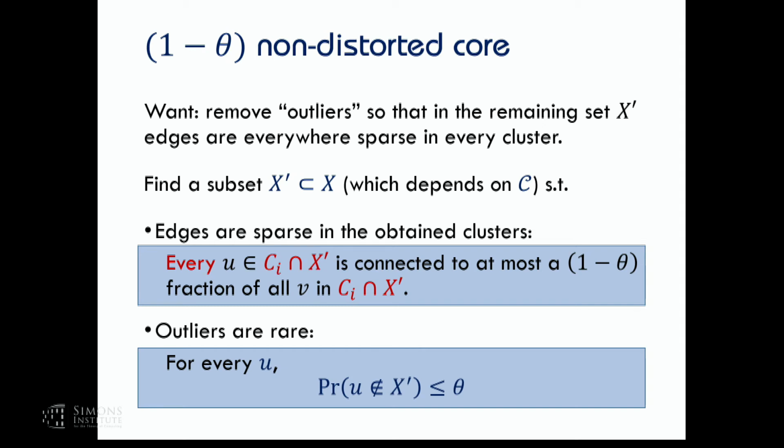And the second property is that outliers are rare. So the probability that u is an outlier is at most theta. Okay, and let me stress that the set of the outliers does depend on the random dimension reduction. So it's a random set.